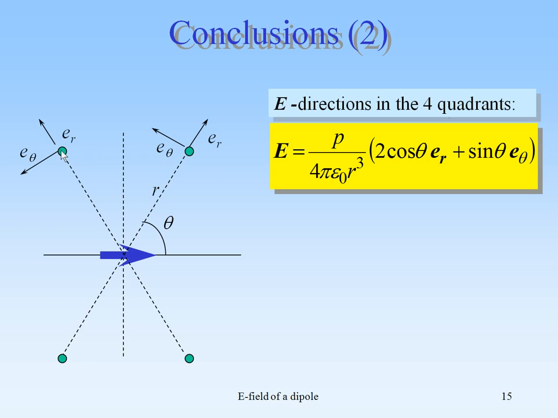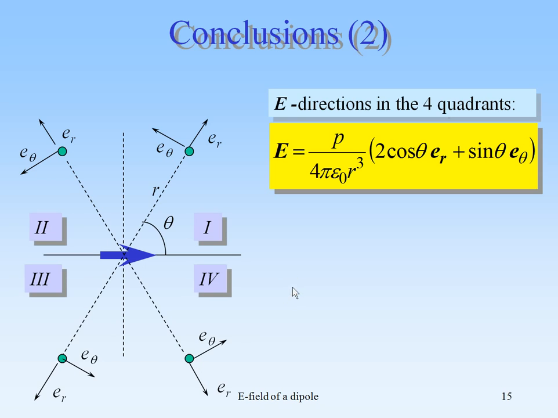Here they are in these directions, here in these directions, and here in this way. In quadrant 1, the two functions cosine and sine are positive. In 2 the cosine is negative, like in 3, and the sine is negative in 3 and 4.